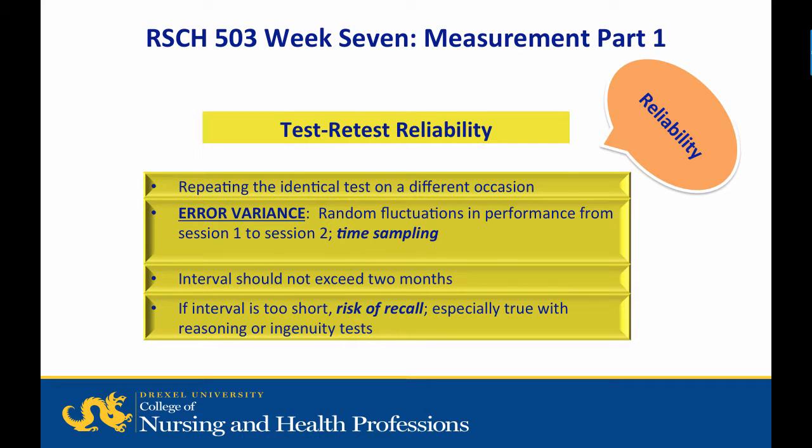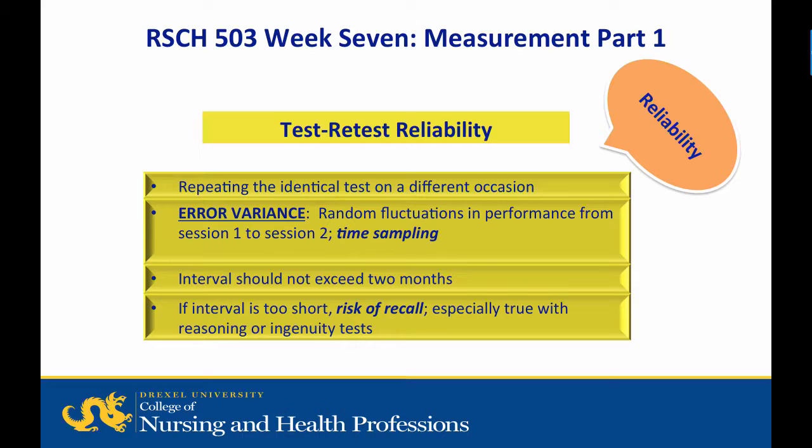One means of determining the reliability of a test or instrument is to conduct what is called test-retest reliability. In this method, a test or instrument is given to a subject on 2 different occasions, and Pearson's R is computed using scores from the 2 sessions. The error variance in test-retest reliability includes the random fluctuations in test or instrument performance from session 1 to session 2.